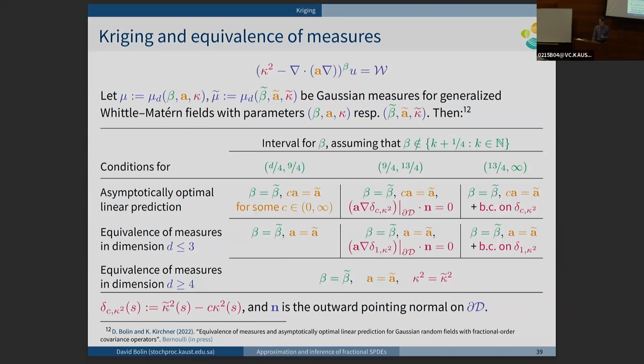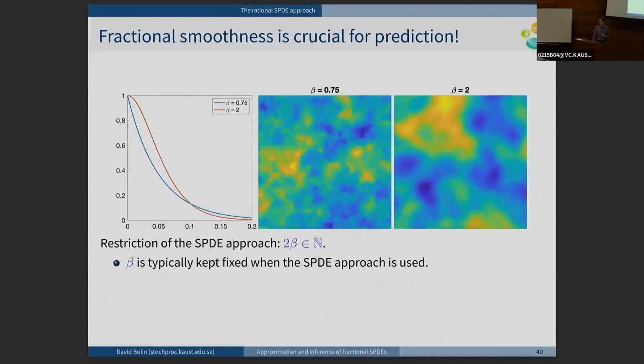So this really serves as a motivation that we want to be able to allow for a general fractional smoothness parameter beta. This is a motivation for why we want to remove this restriction in the original SPDE approach.